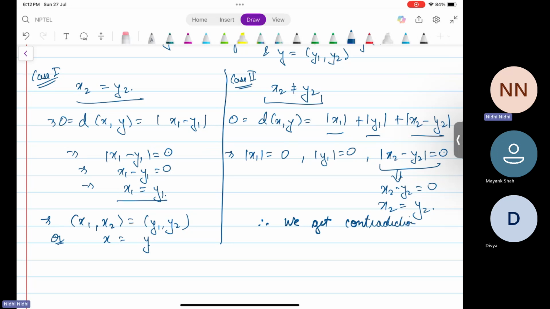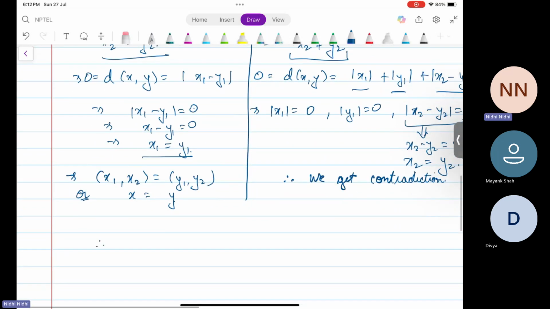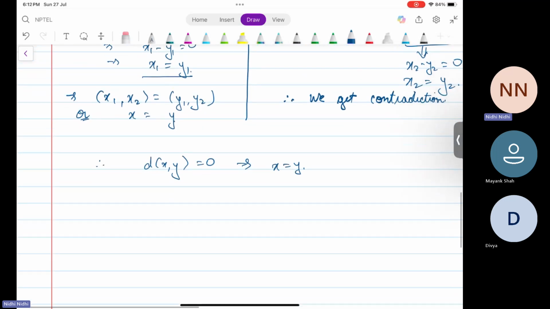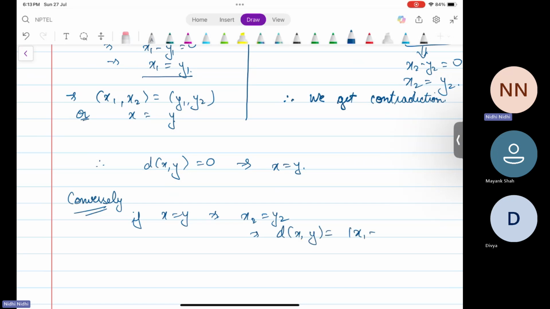And hence, this case does not exist. Therefore, dxy equal to 0 implies x is equal to y. Conversely, clearly you can see that if x is equal to y, in that case, obviously x2 will be equal to y2, and dxy will be equal to mod x1 minus y1.